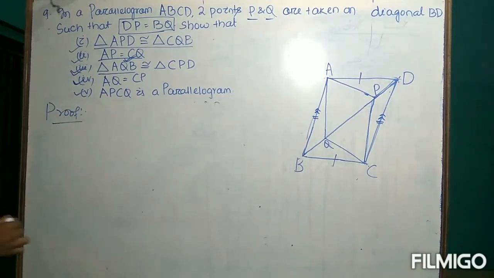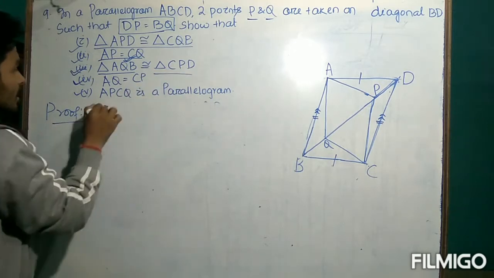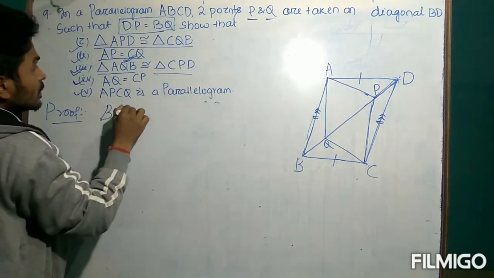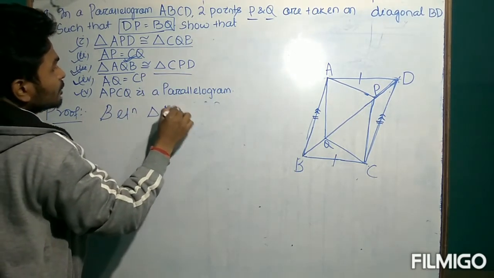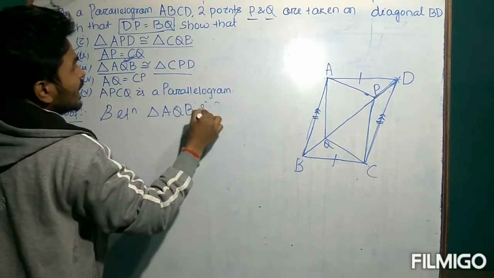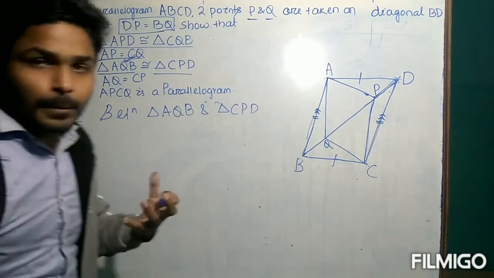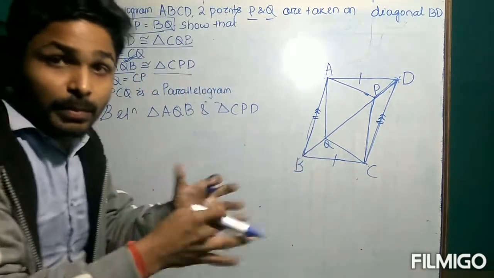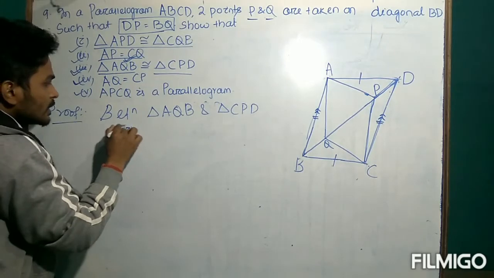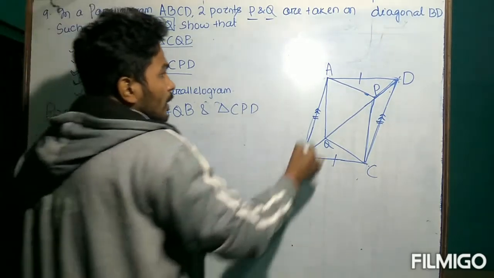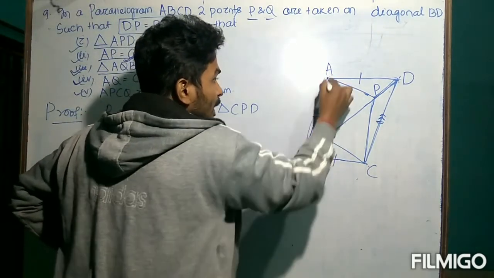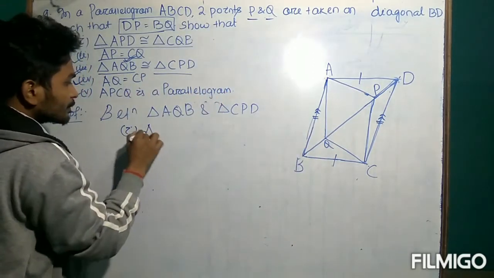So first of all we have to compare these two triangles. Between triangle AQB and triangle CPD, let us identify the possible similarities between them. For the triangle AQB, AB is a side.